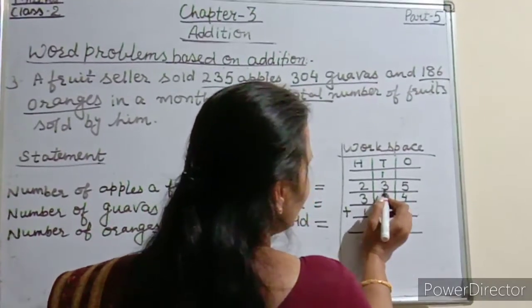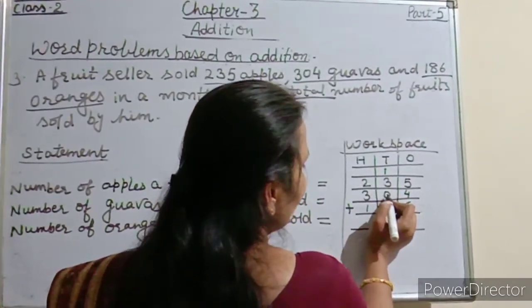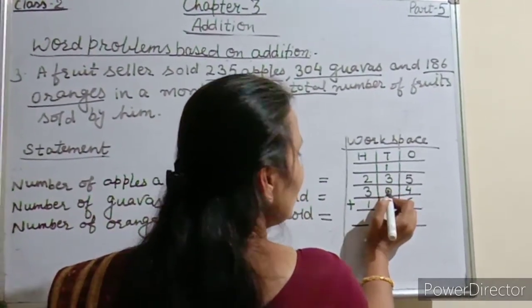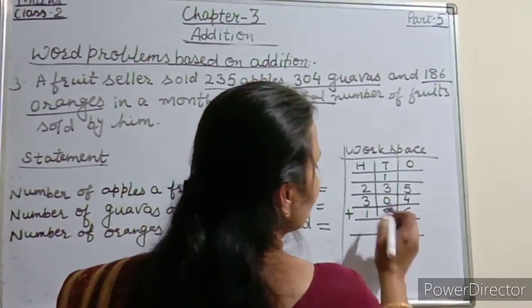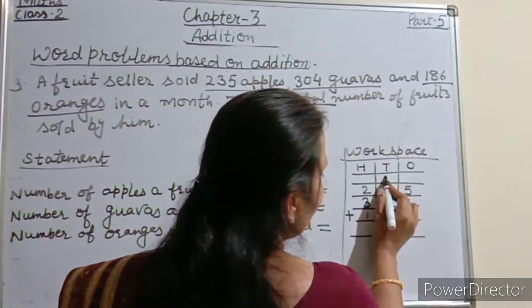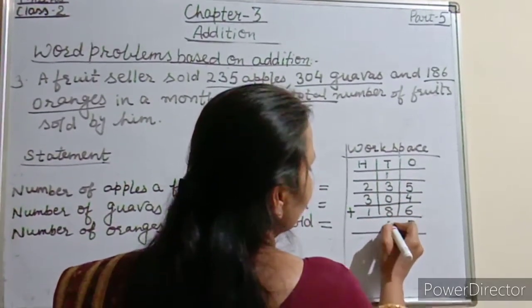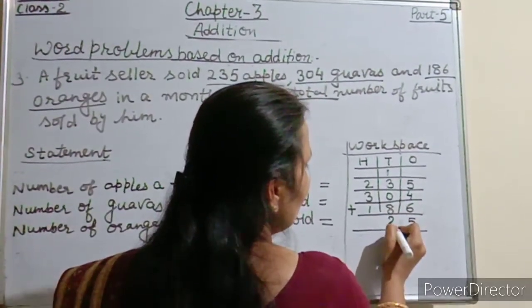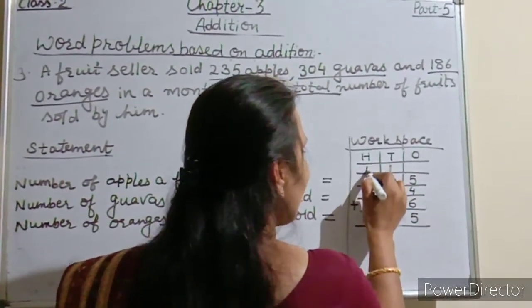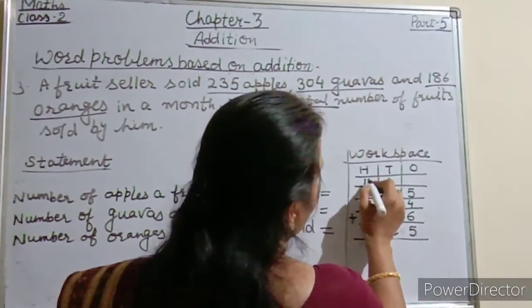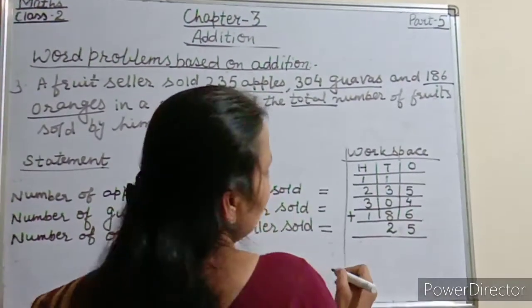Now add these numbers. 3 plus 0 plus 8. So 3 plus 0, 3. 3 plus 8, 11 and 11 plus 1, very good, 12. So write 2 under tens column and here carry 1 at 100 column.